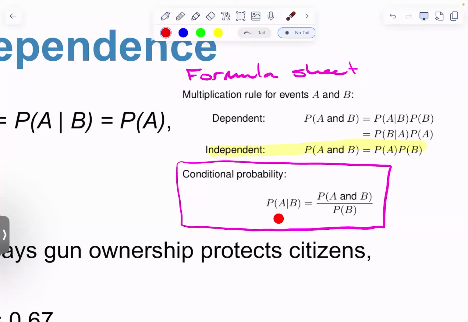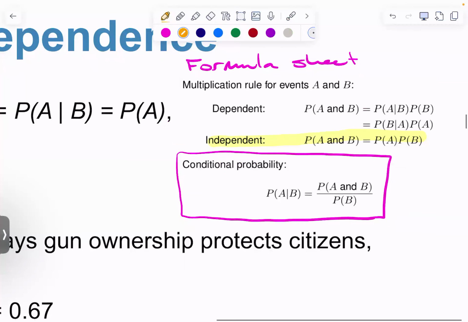It's the probability of A given B, which you can rewrite as the probability of A and B divided by the probability of B. How I remember it, you don't have to remember it, but it's helpful if you do.